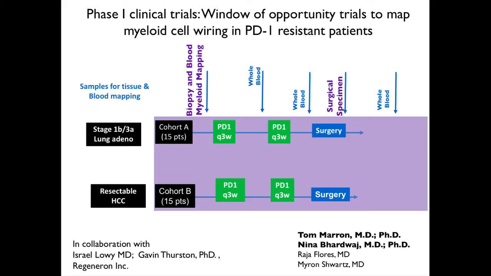And patients with resectable HCC will also receive 2 doses of PD-1 blockade. We will isolate the tissue prior to and after these 2 doses of checkpoint blockade and ask how these clusters that we identify are going to change. Are they enriched in patients that are resistant, or are they reduced in patients that respond?